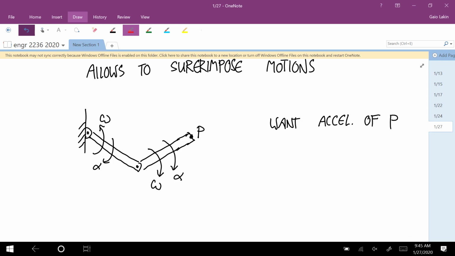The way you do it is you think of this point, I'll call this the point A, is the pin there, okay? Well, notice that that pin is moving in circular motion around the pin on the wall, okay? And so you can calculate the acceleration of A. That point P is moving in circular motion about A, okay?